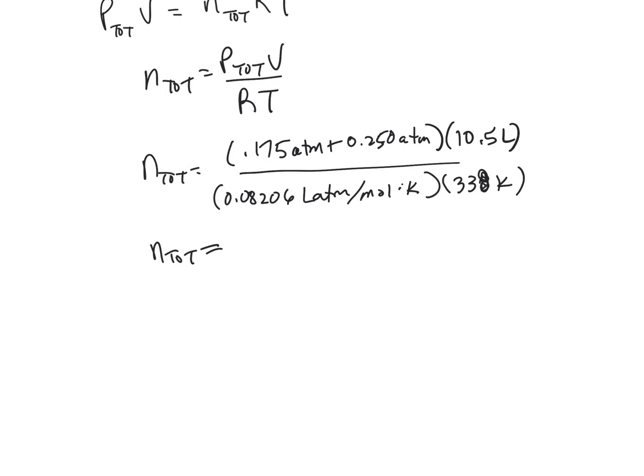So 0.175 plus 0.25 equals 0.425 times 10.5 liters divided by 0.08206 and divided by 338, that's an 8, 338. And that's going to be equal to 0.161 moles.